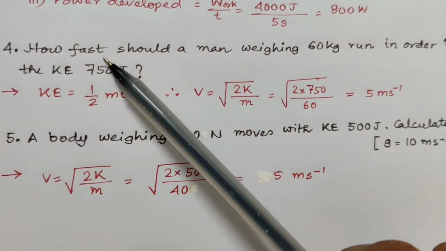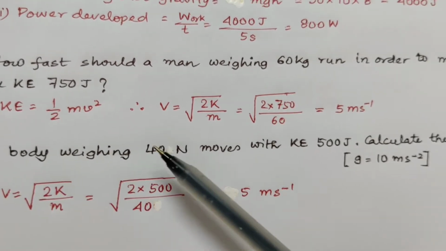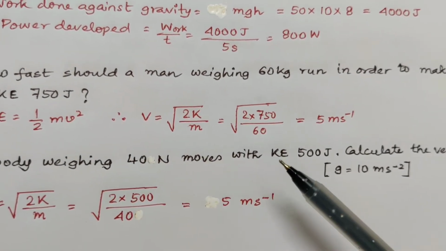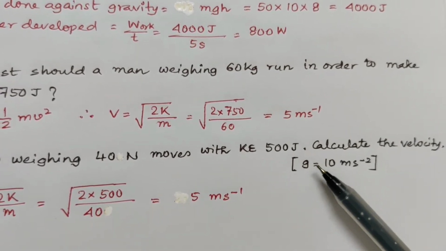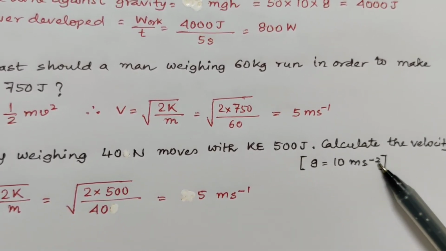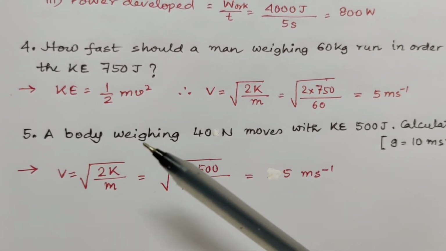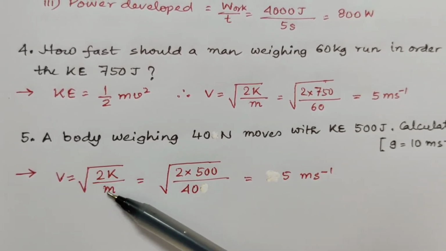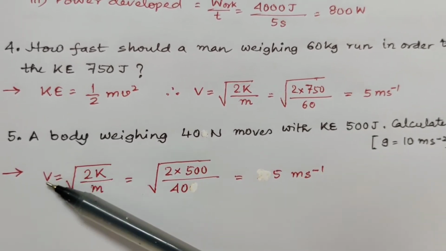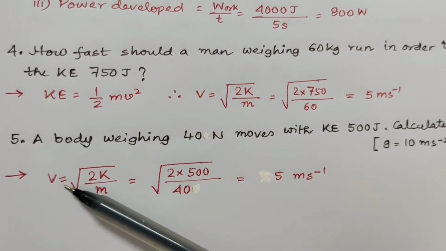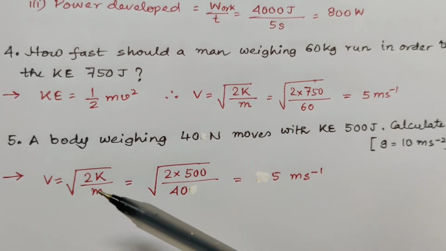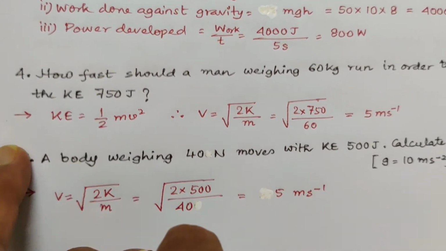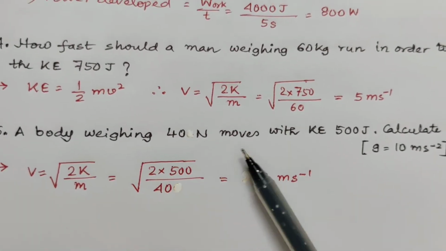Number 5 is almost similar to this sum. A body weighing 40 Newton moves with kinetic energy 500 joule. Calculate the velocity. Again take the g is equal to 10 meter per second square. So here we have velocity is equal to root over 2k by m.